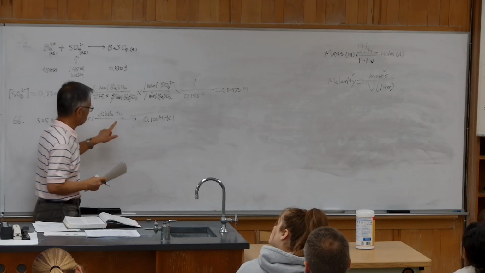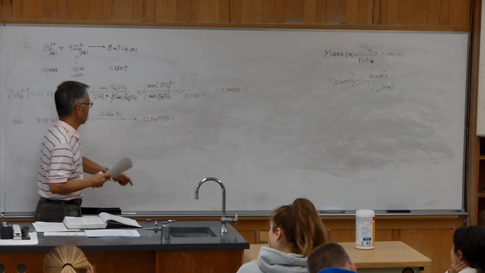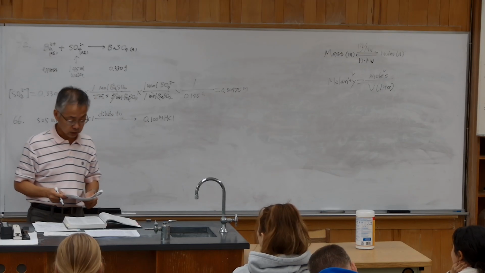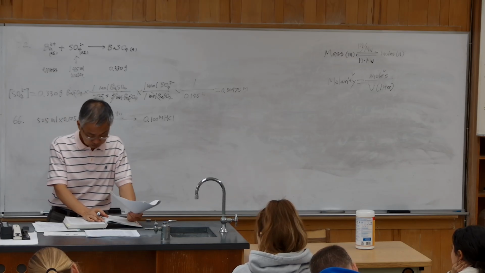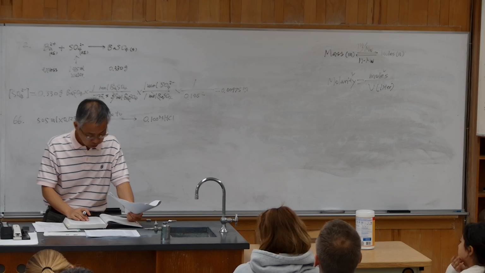We have 0.125 molar HCl and want to dilute it to 0.100 molar HCl. How much water should you add?